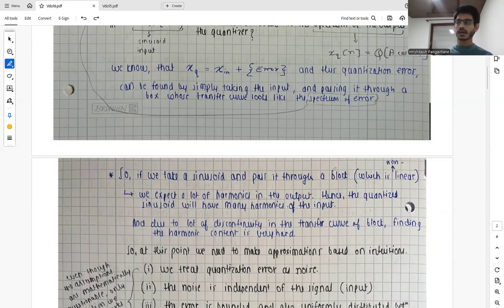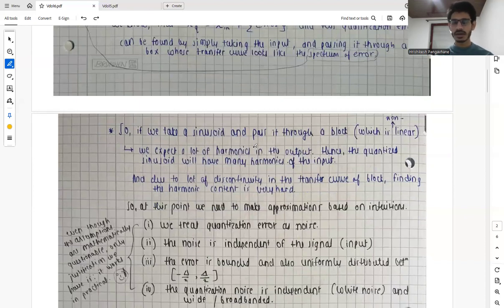So it seems like a very challenging task when we try to do it mathematically and analyze the spectrum, because of the many discontinuities. It's very hard to do this. So then.